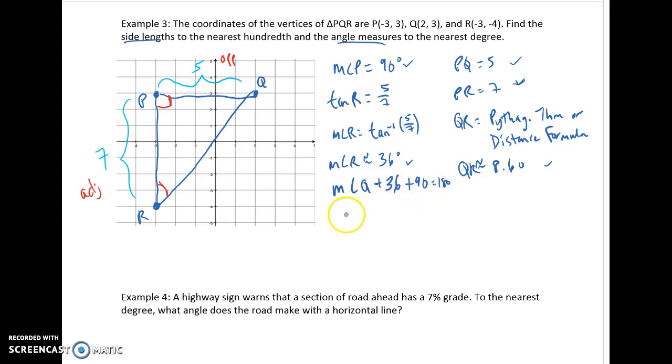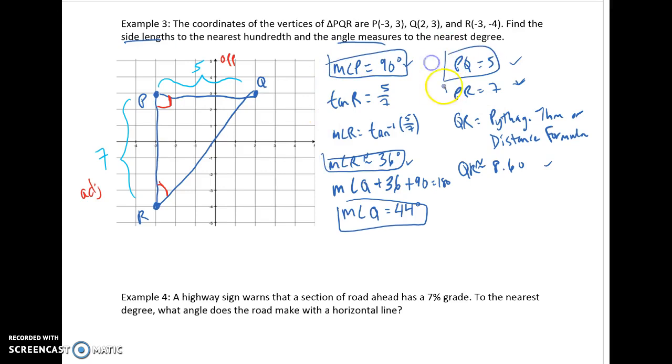So I can just do my triangle sum theorem to get the measure of angle Q is equal to 44 degrees. And then I've got 1, 2, 3 angles, and 1, 2, 3 sides. So it might have looked like a really long problem, but once I've graphed it, I notice I can count some angles out, or count some sides out, see that 90-degree angle, and then, of course, apply some theorems.